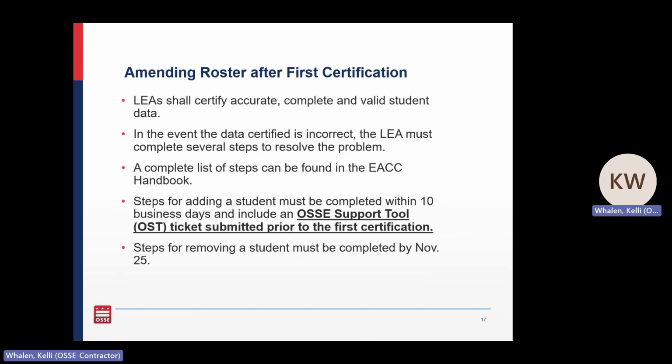So this should be an issue that you were working on resolving before you certified and just couldn't figure out how to do it. This is not an opportunity to add students after the fact that you just forgot about or overlooked. This has to be a known issue that didn't get resolved before October 5th. And then there are also steps for removing a student, and those must be completed by November 25th.